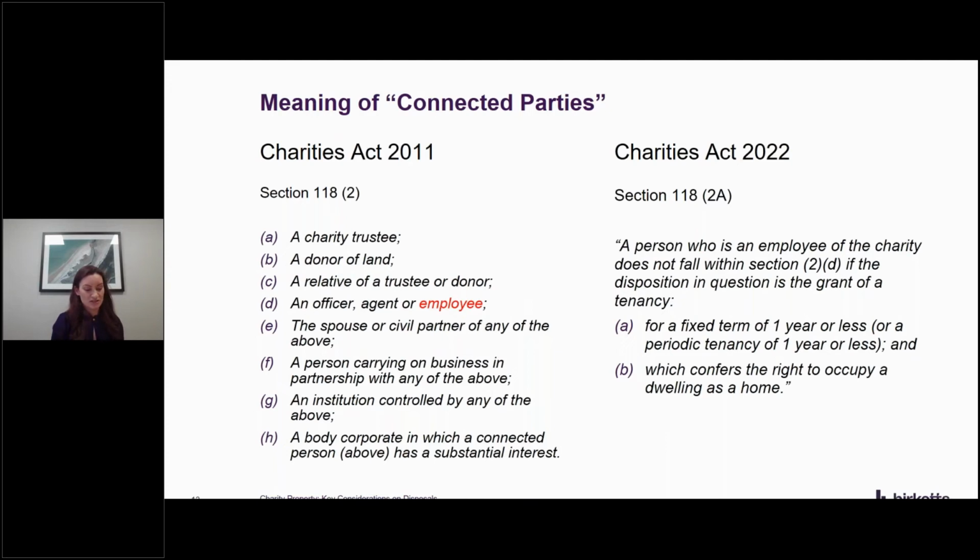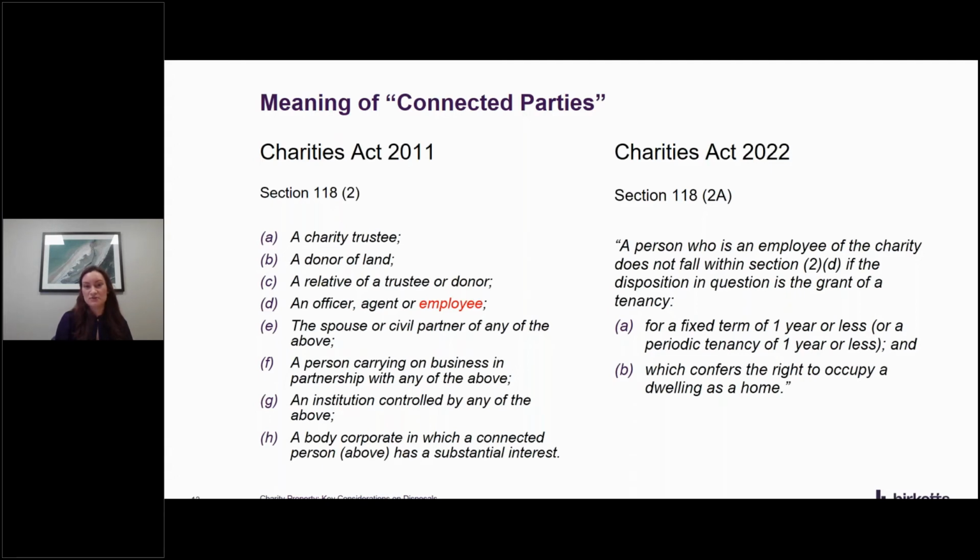Moving on just to look at the second key change that we're talking about today, which is the meaning of connected parties. You can see I've highlighted there employee on the left. So that's the current list of connected parties under the 2011 Act.